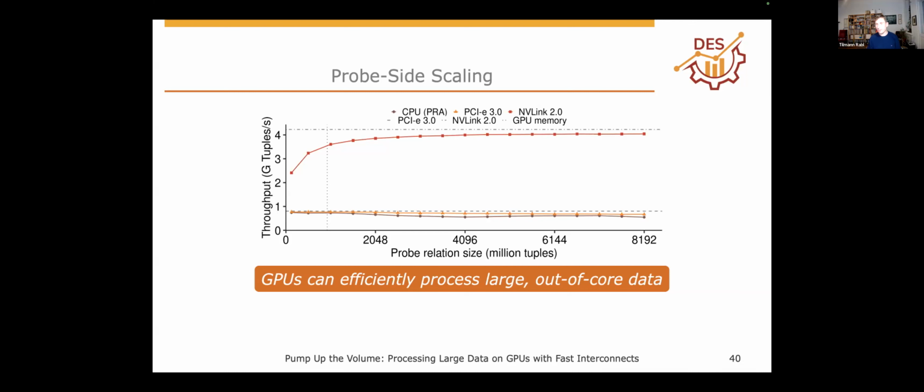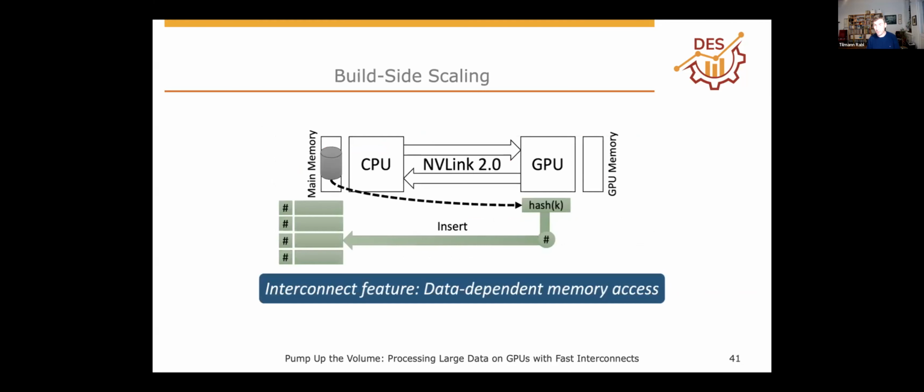So this is a very sequential and very high throughput problem. Now, if we want to do build side scaling, this means our hash table all of a sudden grows out of the GPU memory, and we might have random independent lookups or random independent writes into the CPU memory.